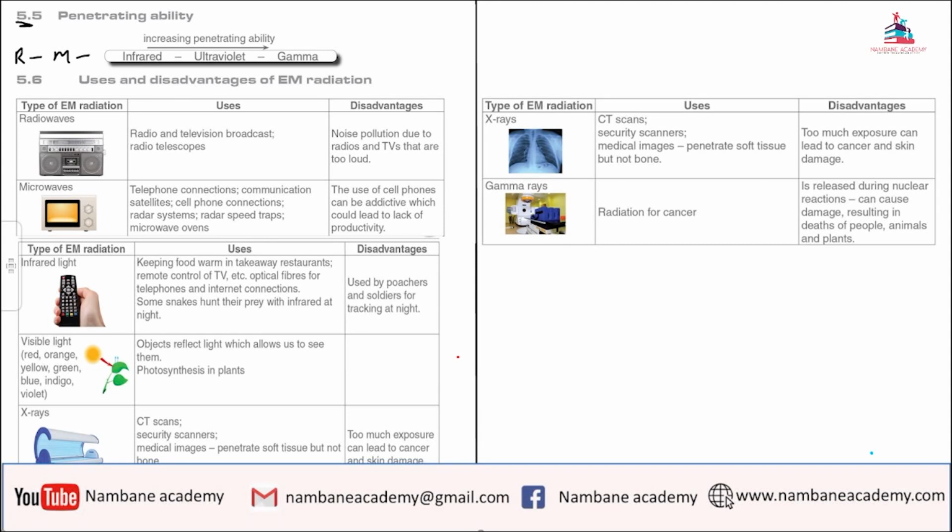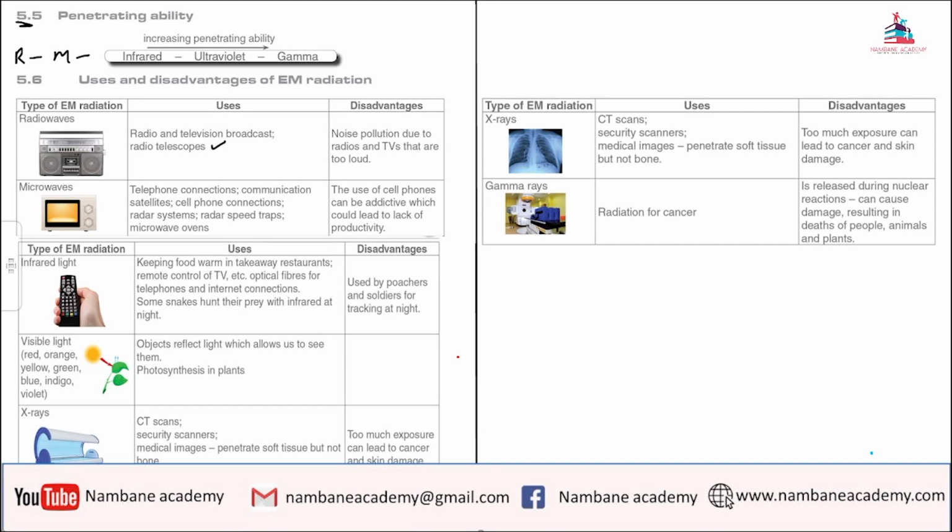Now, ladies and gentlemen, we also need to know the type of radiation as well as the functions thereof. Very, very important. If I have radio waves, they are used for radio and television broadcast as well as radio telescopes.